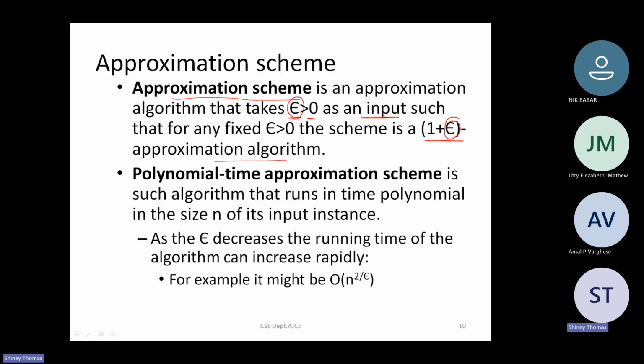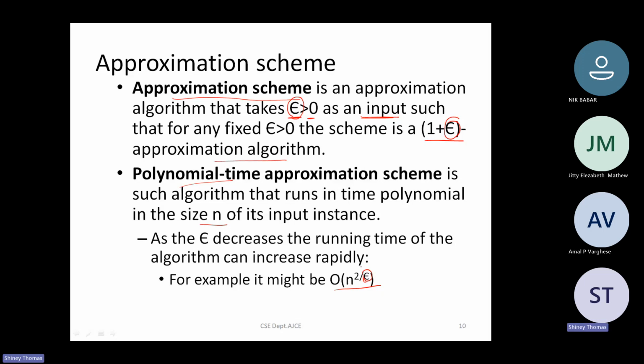Now, what is a polynomial time approximation scheme? This is an algorithm that runs in polynomial time in the size n of its input instance. For example, you have n raised to k or something like that. You can say big O of n raised to 2 by epsilon. What happens when epsilon decreases?